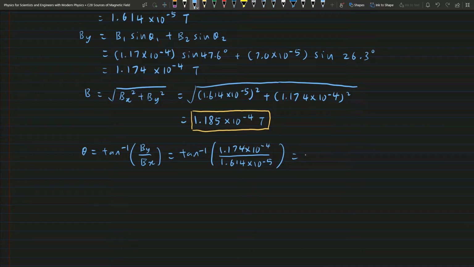So this direction is 2.2 degrees from the positive x axis. So the direction I add here is 2.2 degrees from the positive x axis.